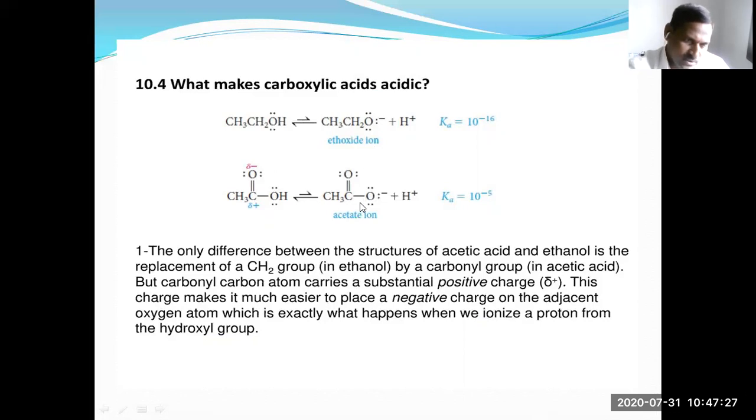In acetate ion, resonance is possible. In ethoxide ion, no resonance is possible. That's why acetate is the most stable. That means it loses the proton easily, converted to a more stable ion. That's why, in comparison of these two, acids are more acidic.